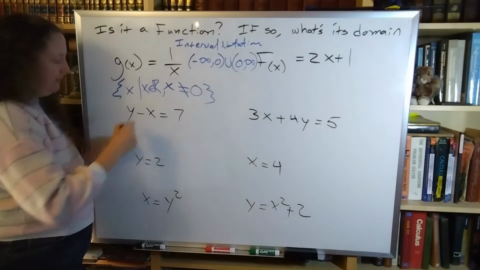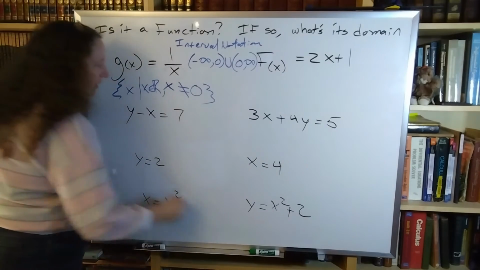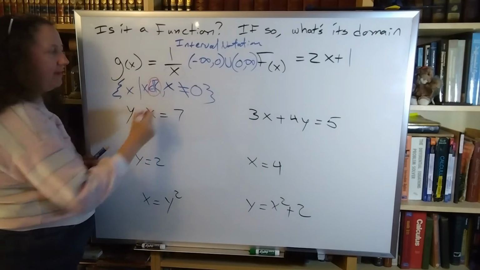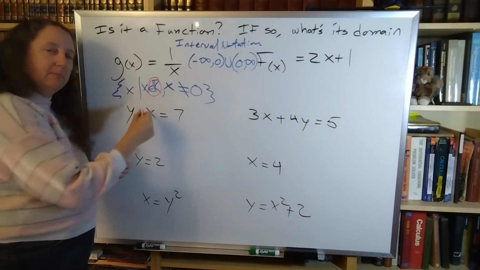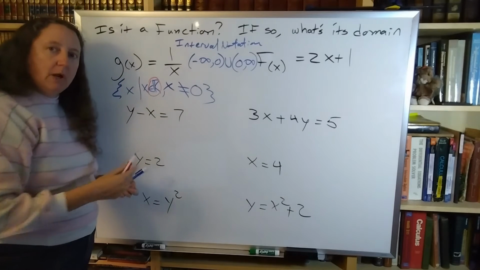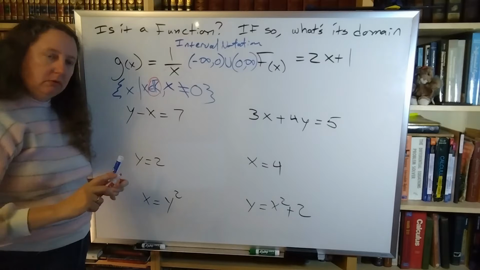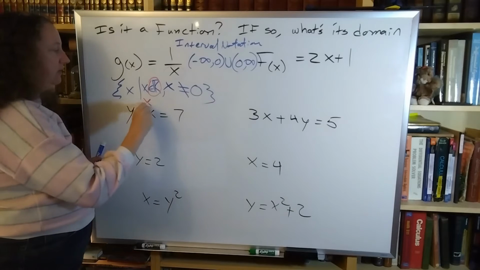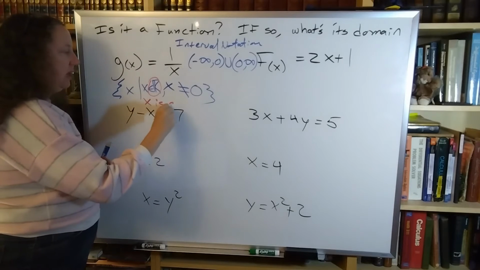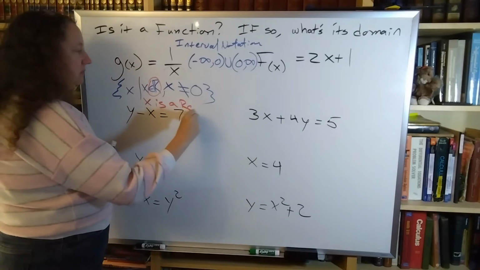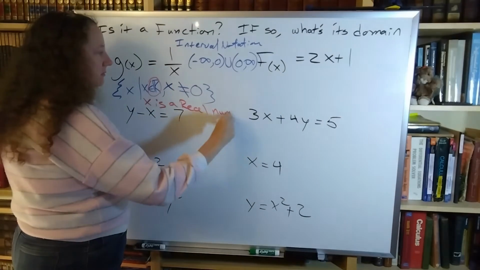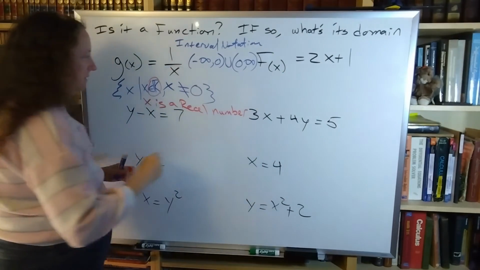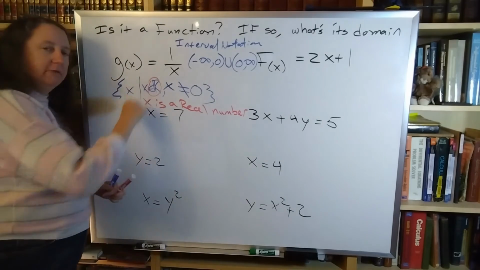Now, a lot of you will look at this and say, what's all that about? Instead of writing it in mathematical symbols, what I would expect you to do is to write this: x is a real number. Instead of all of that.